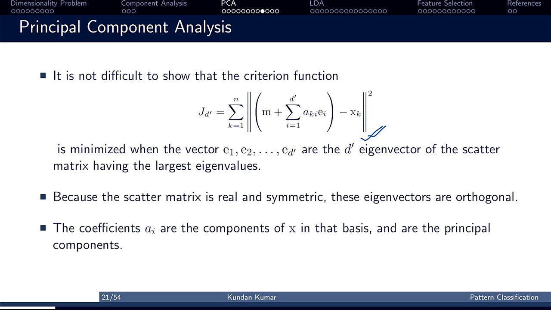The solution of this criterion function will be minimized only when the vectors E1, E2, up to E d dash are the d dash eigenvectors of the scatter matrix having the largest eigenvalues. Because the scatter matrix is real and symmetric, these eigenvectors are orthogonal vectors, and the coefficients a_i are the components of x and are also called the principal components.